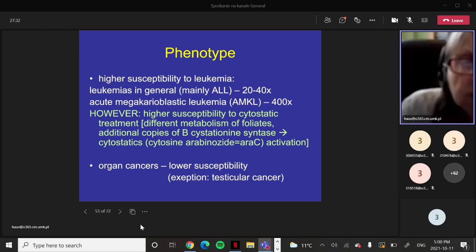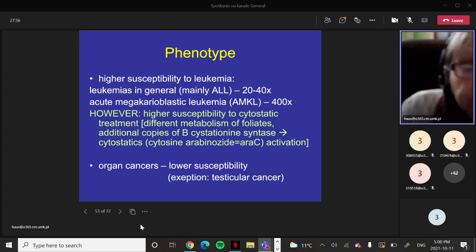So this cytostatic acts longer than normally. Its activity is longer than normally. And there are also many other mechanisms of higher susceptibility to cytostatic treatment.